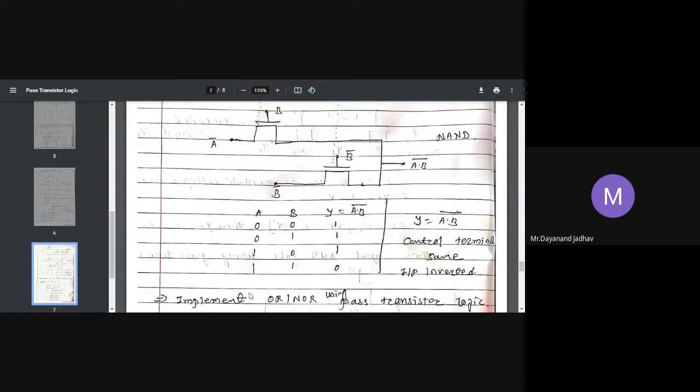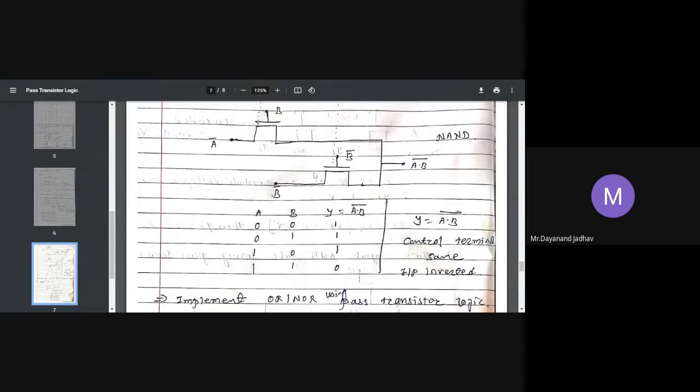Then the next case is A equal to 1, B equal to 0. A equal to 1 means A bar is equal to 0, so this transistor acts as an open switch, therefore it could not pass any bit.